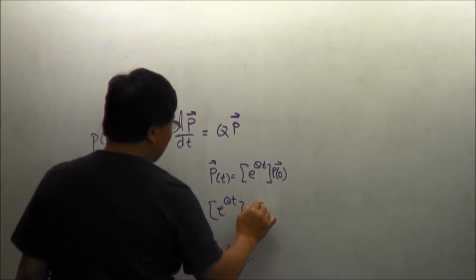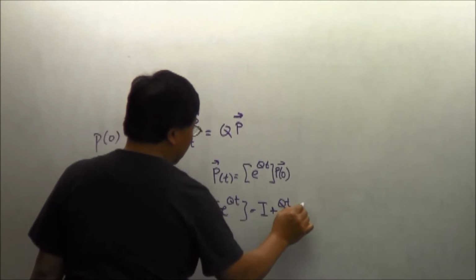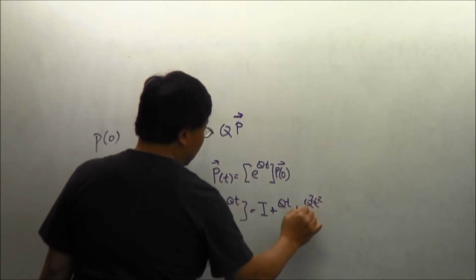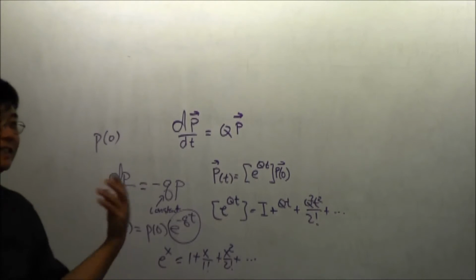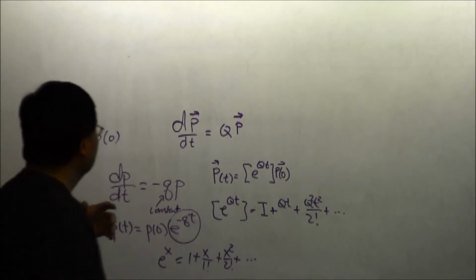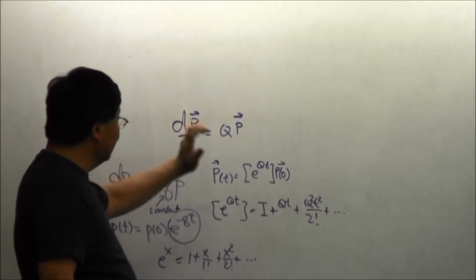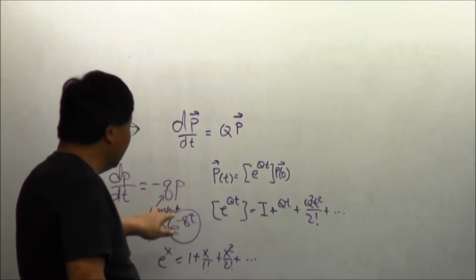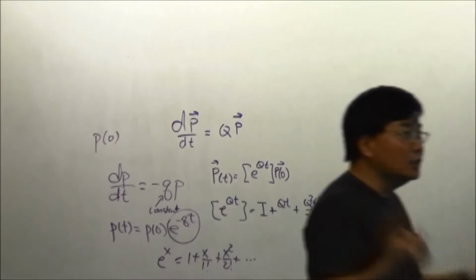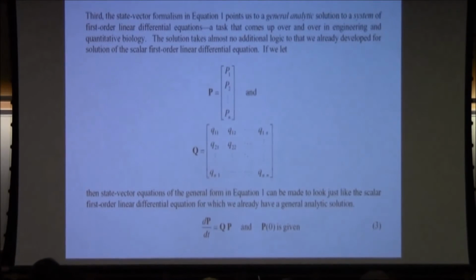It's this. The identity matrix plus Qt plus t squared over 2 factorial. So by boiling down any system into this with the matrices, we can write down the analytic solution just as simply and beautifully as if we were just dealing with a scalar function. So that's incredibly powerful. Incredibly powerful. Isn't that cool?